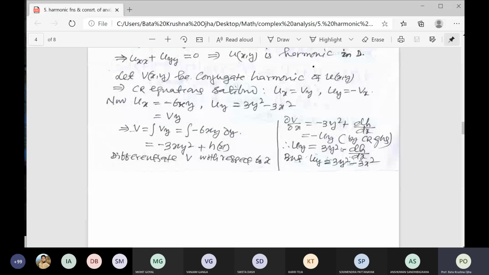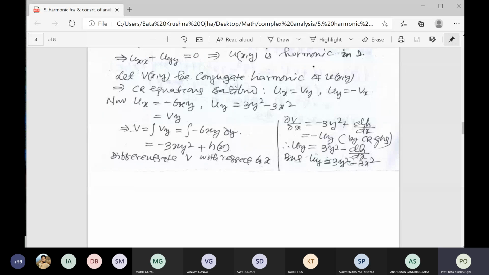When you take the derivative with respect to x, it becomes dh by dx. So what is del v by del x? By the CR equations, it is nothing but minus u y.